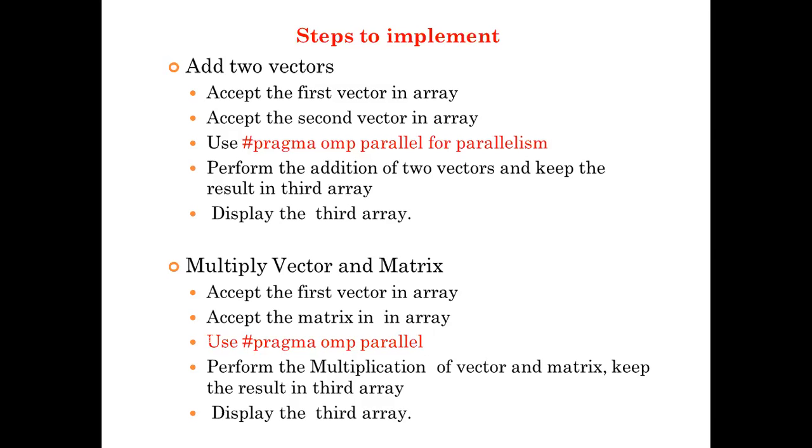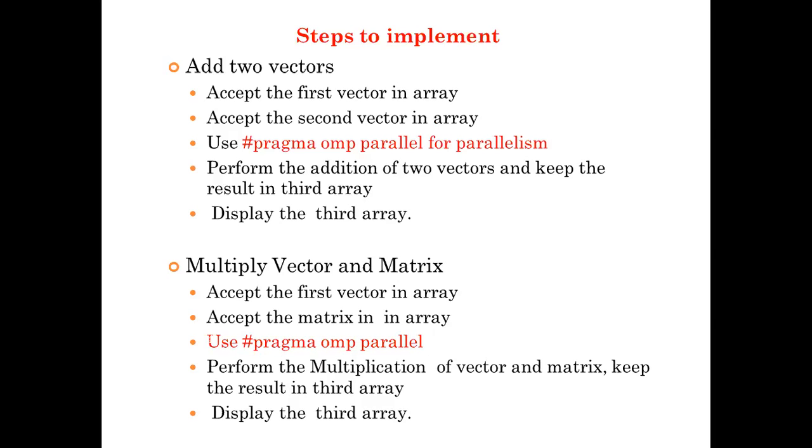Then second is multiplying a vector and a matrix. Now we have to use one vector and another a matrix. We just have to look at the rows and columns, according to which the multiplication will happen. In the first array we will take the vector, which we consider as two rows and one column, and in the second matrix we will take three rows and two columns.